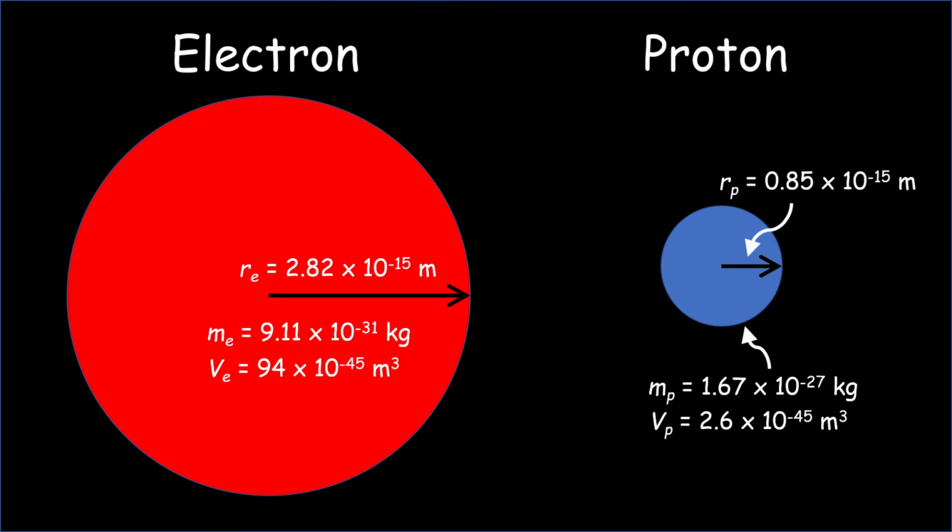This makes the average density of the electron 9.7 times 10 to the 12th kilograms per meter cubed, 67,000 times smaller than the proton's density of 6.5 times 10 to the 17th kilograms per meter cubed.